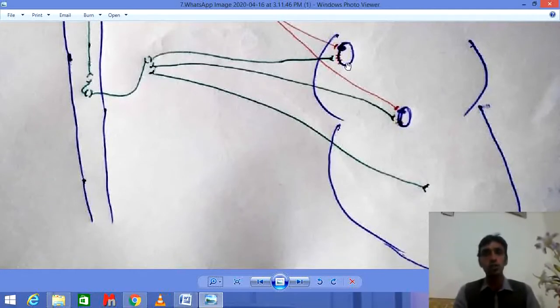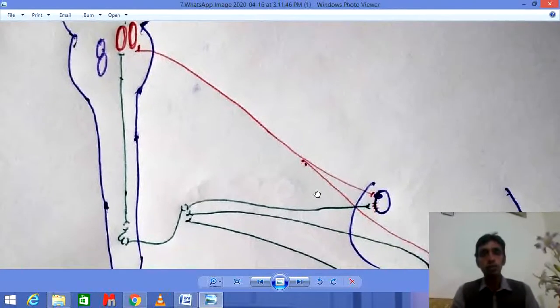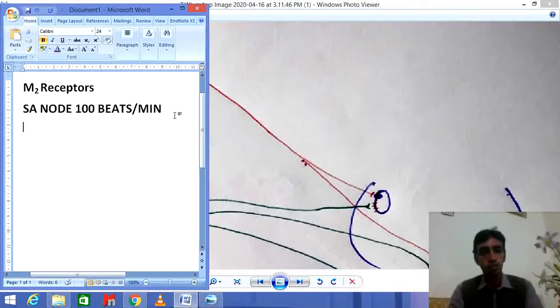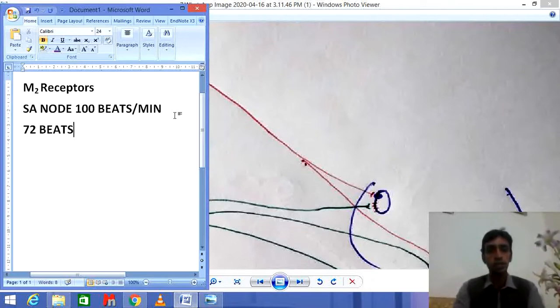If the SA node generates the signal a bit low, if the speed of the signal generation is slow, then it will... This SA node normally generates signal for 100 beats per minute, but this CIC maintains the 75 or 72. It continuously keeps it at 72 beats per minute.